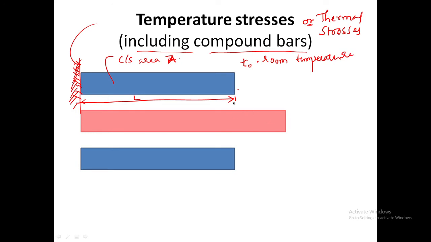Now if you heat this bar, if you raise the temperature of the bar to T2 degrees Celsius, then the total rise in temperature, delta T, is equal to T2 minus T naught.